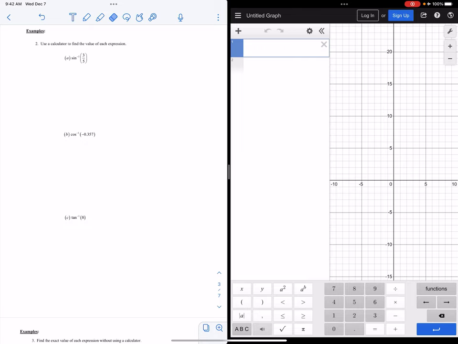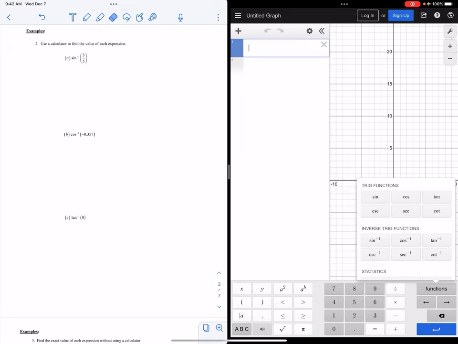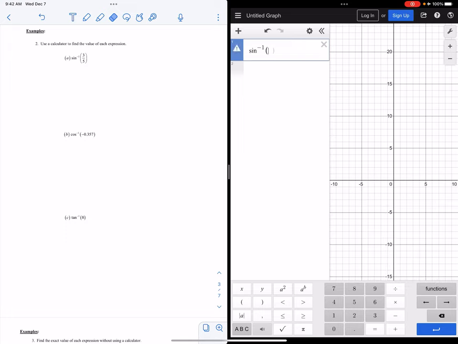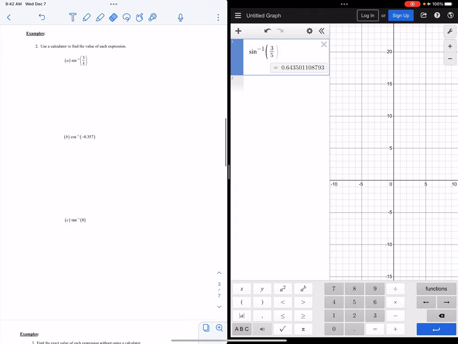If we have sine inverse of 3 over 5, we tap our sine inverse button, and then we put 3 divided by 5, and this is going to give us 0.64, just about, and that's all there is to it. And this is approximate because we did have to round it off.